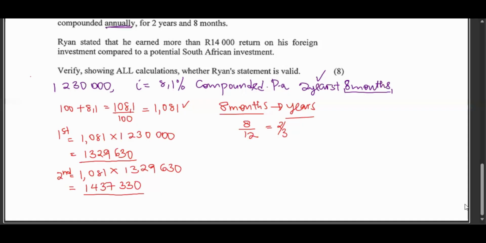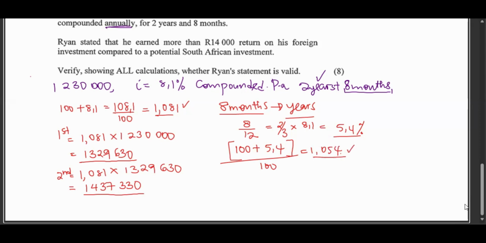Leave it like that. Then times our percentage. But remember, the percentage is 8.1. So for only 8 months, we have a new percentage, because it never made a year. So we come back to our plan, 100 plus the new percentage, which is only for 8 months, over 100. I believe you have the answer like 1.054.